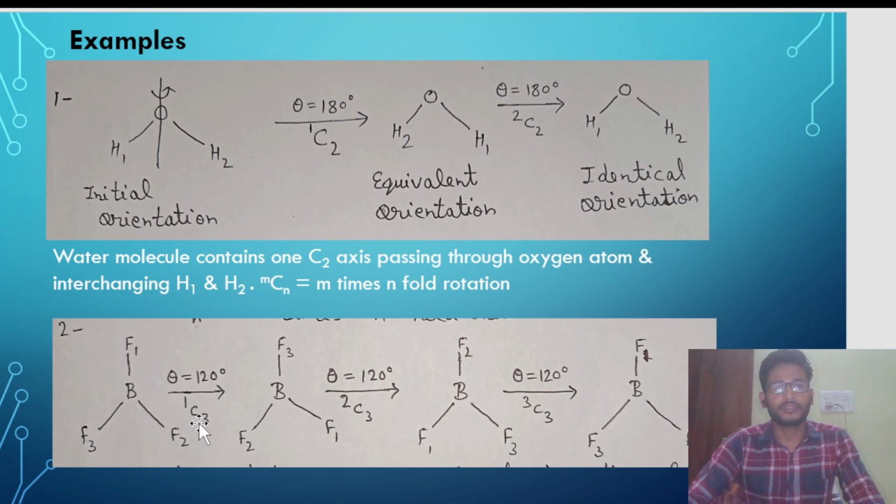When we apply C3 the first time, then F1 is interchanged by F3, F3 is interchanged by F2, and F2 is interchanged by F1. And this rotation is a clockwise rotation around the C3 axis by 120 degrees.